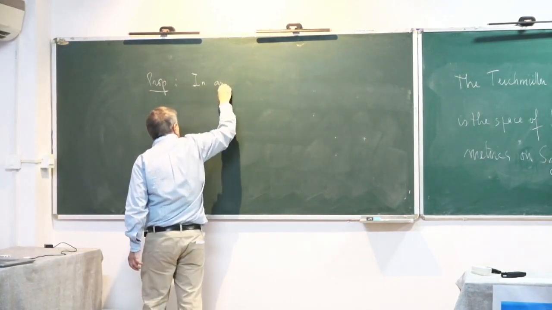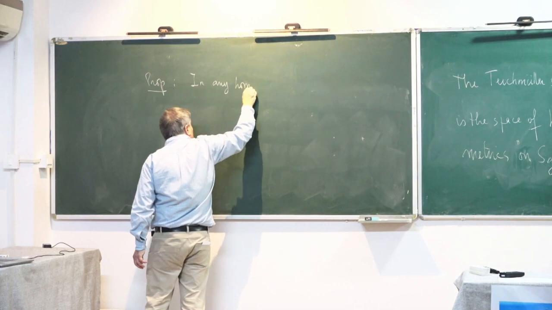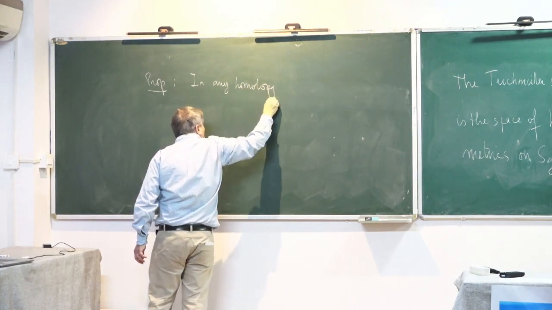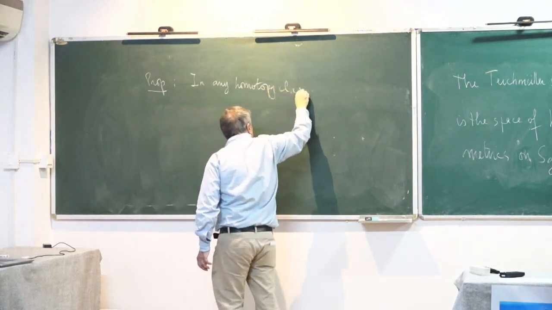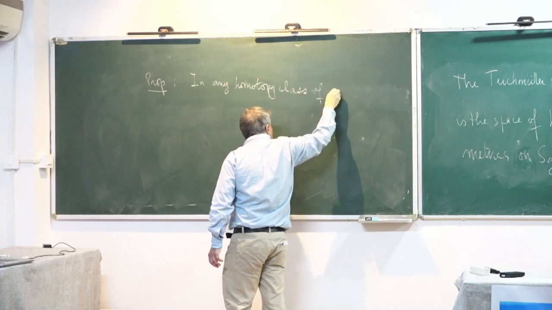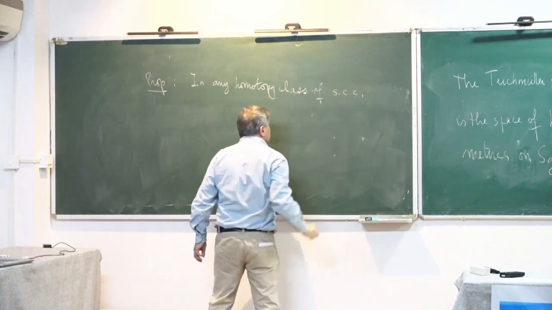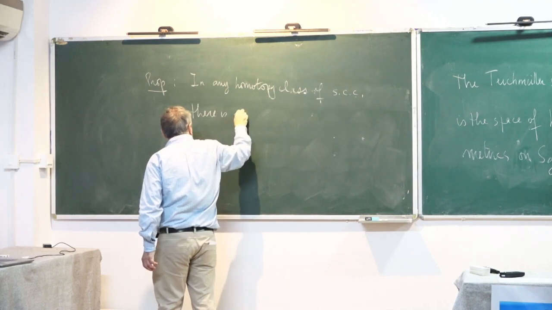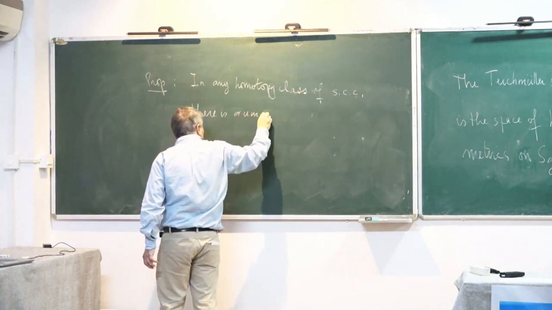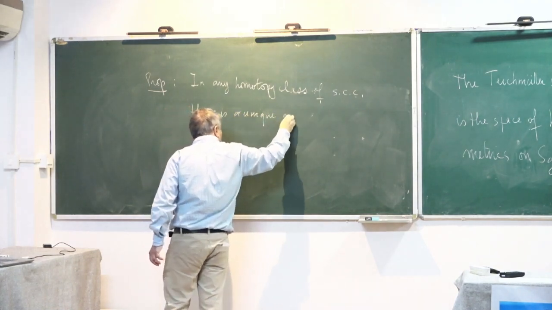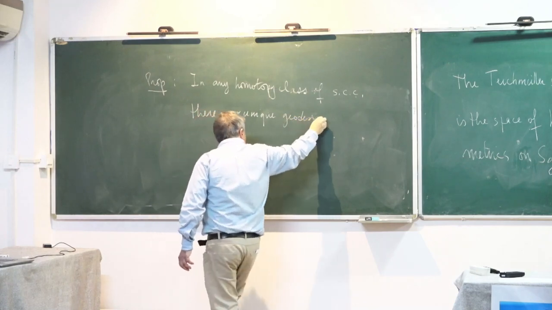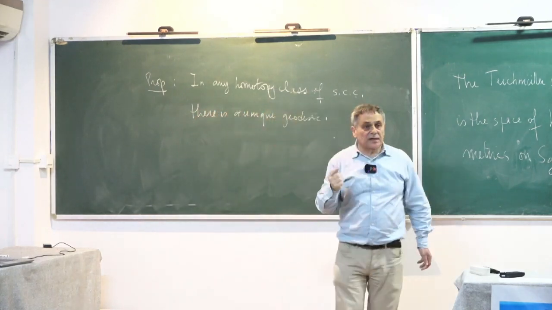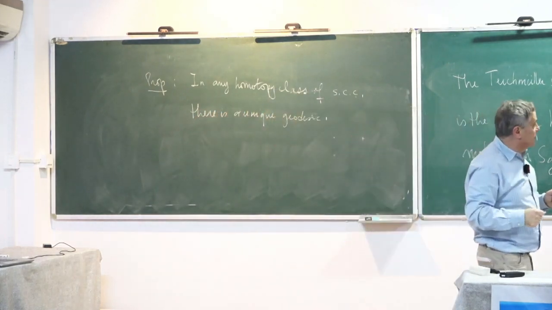In any homotopy class of simple closed curves, there's a unique geodesic. Remember, we said simple closed curve means that it's not shrinkable to a point.